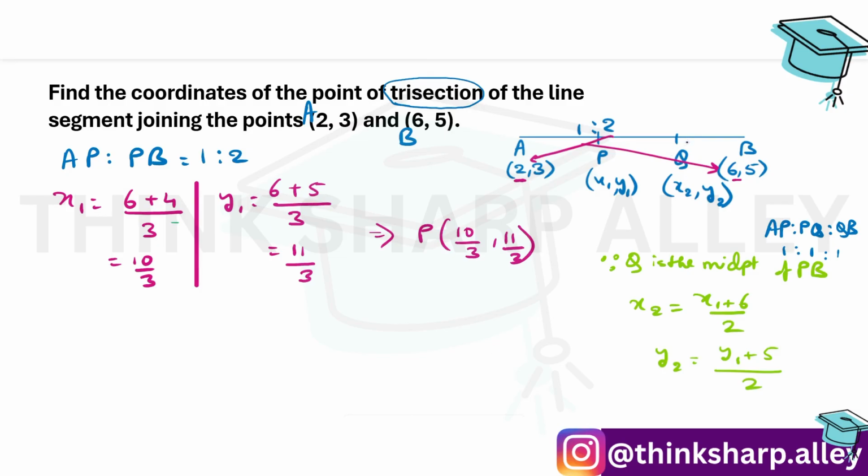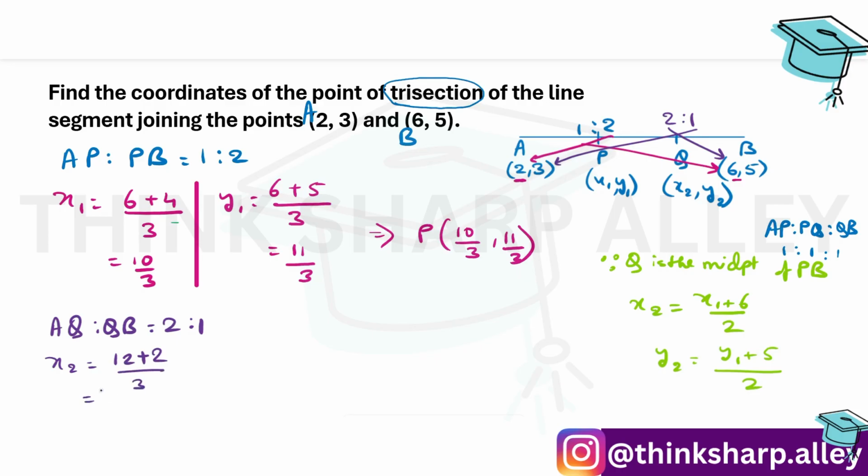Now here for Q, the ratio is going to be 2 parts is to 1. So AQ is to QB, that is 2 is to 1. So once again, opposite. So x2 is 2 times 6, that's 12, plus 1 times 2, by 2 plus 1, 3.